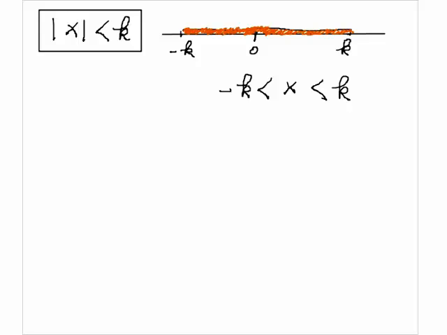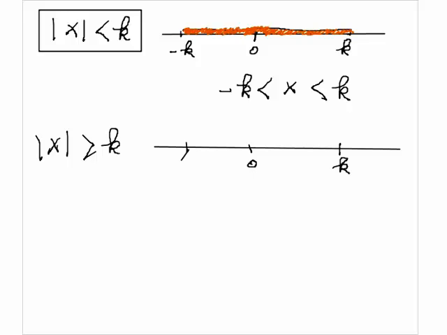Now, similarly, since we're talking about this concept, if I had absolute value of x is greater than k, in that case, you're looking at all the numbers that are larger than k units away from 0.